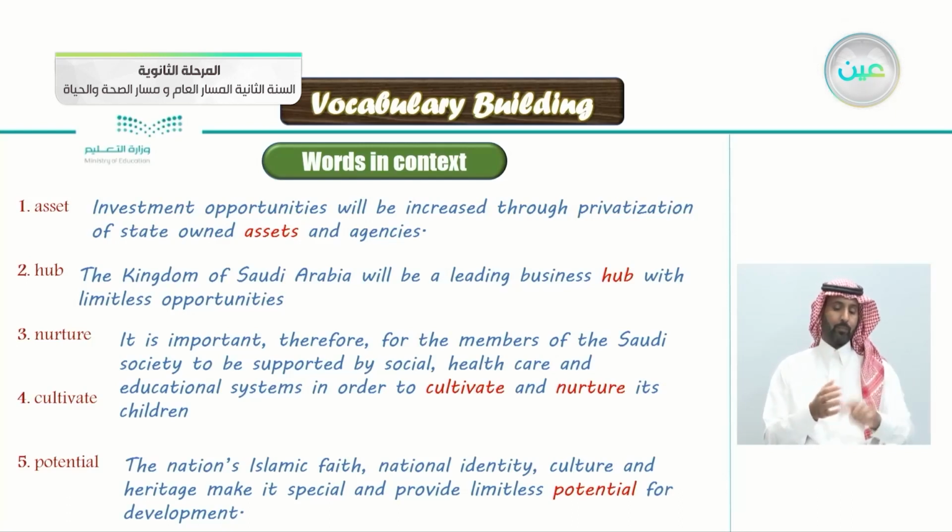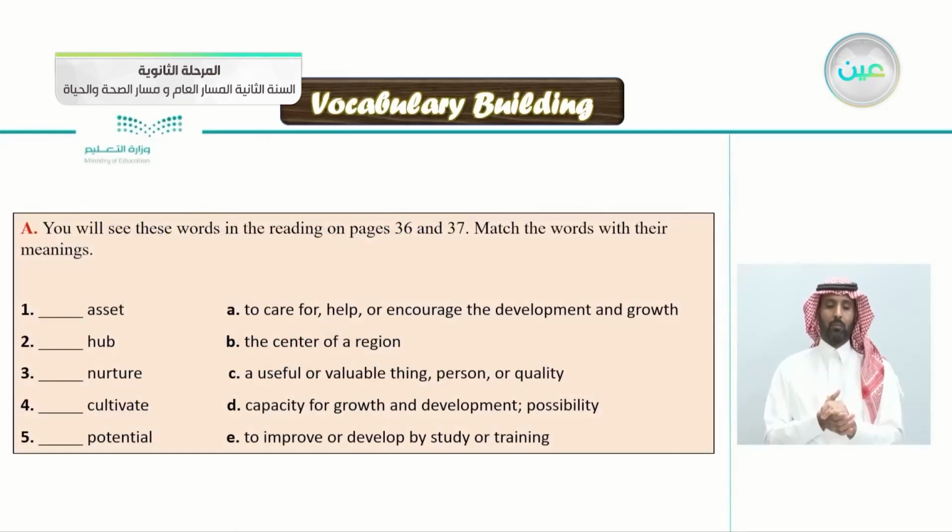Number 5, potential. The nation's Islamic faith, national identity, culture, and heritage make it special and provide limitless potential for development. So these are the 5 words in the context in the reading passage. So let's try to answer the question here. The first one is asset. What does asset mean?